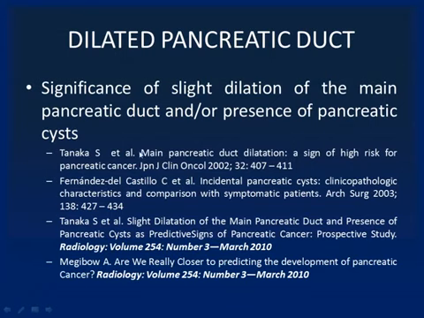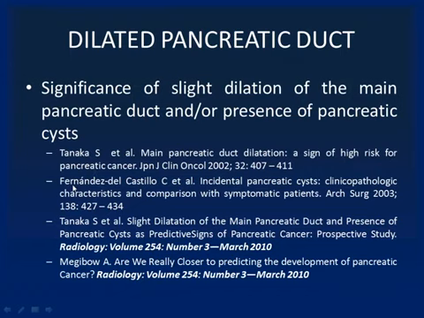If you go to the literature, you may find different papers on these topics. First of all, this paper from Tanaka, published in the Japanese literature in 2002, concerning main pancreatic duct dilation, a sign of high risk for pancreatic cancer.